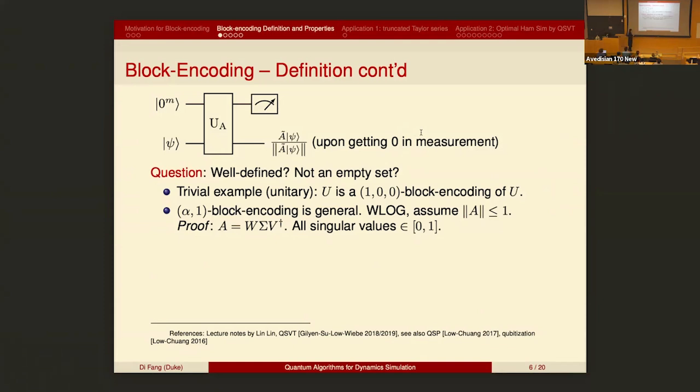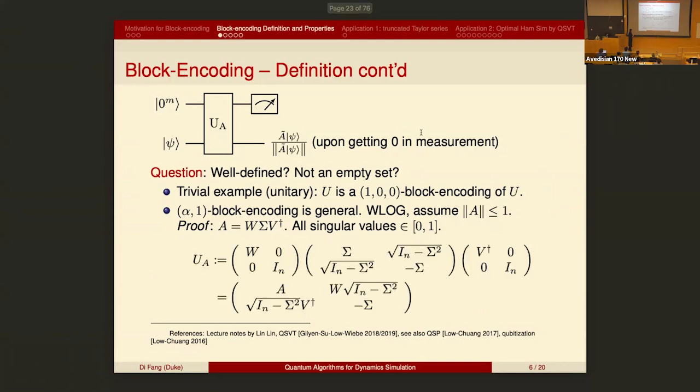Then, with some algebra that is not important, you can show that if you just do this construction, this is precisely the block encoding we can get. So for any matrix A, there is always a 1 block encoding of it. Is it efficient to implement on a quantum circuit? Maybe, maybe not, but at least it exists.